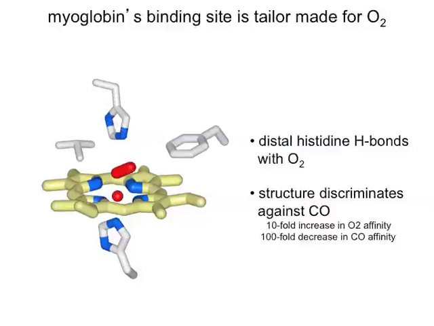And also, the failure of carbon monoxide to form similar interactions with the histidine, because it's placed improperly, results in a 100-fold decrease in carbon monoxide affinity. So overall, you've improved the selectivity for oxygen dramatically just by placing this histidine here.